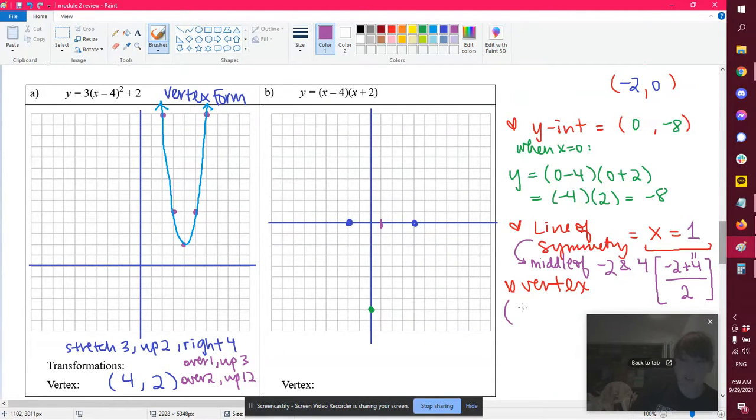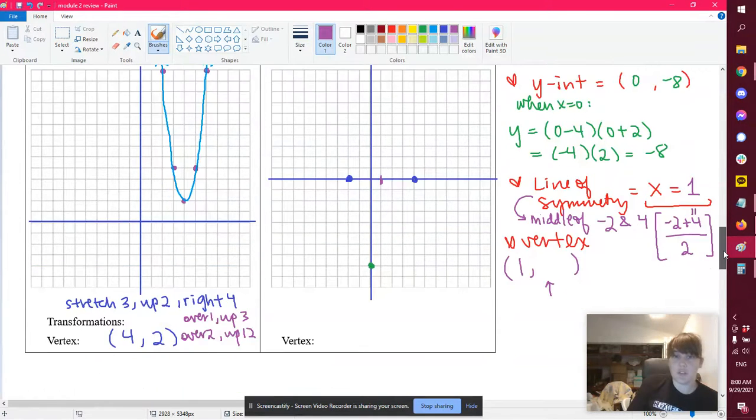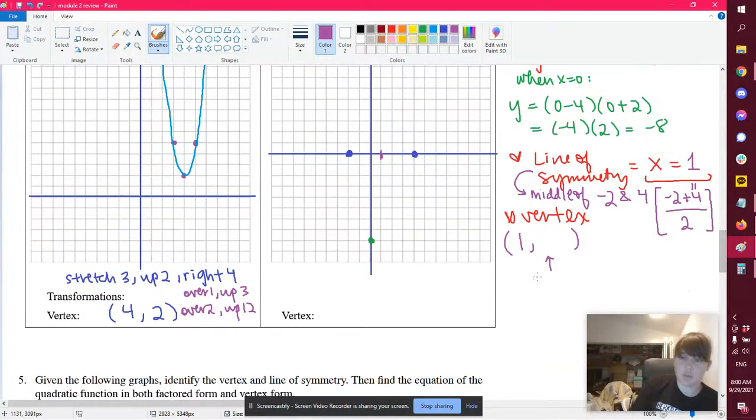And then the vertex is x comma y. The x is the line of symmetry number. And the way you get your y is you plug this into your original equation. So our original equation was x minus 4 and x plus 2. But instead of x, I'm going to put 1. And then I do the parentheses. 1 minus 4 is negative 3. 1 plus 2 is positive 3.